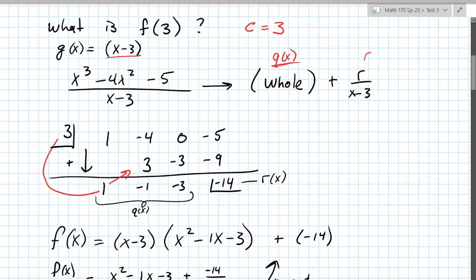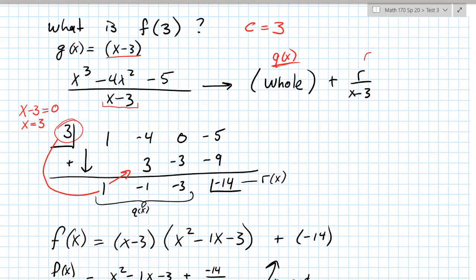We can use long division to do this, but it would be faster and more to the point if we use synthetic division. The way synthetic division works is we look at the denominator, x minus 3, and ask ourselves, if x minus 3 equals 0, then x equals 3. So in our box, we're going to put 3.